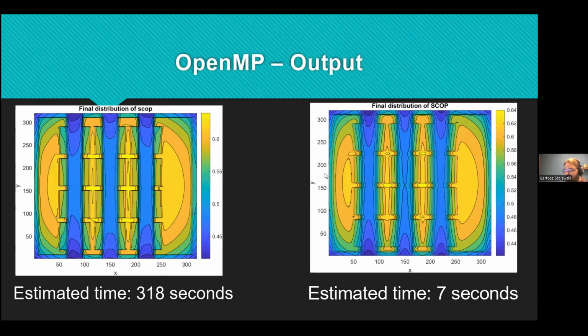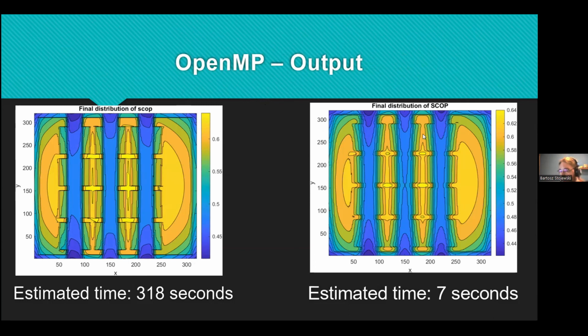And here you can see the final distribution of the superconducting order parameter. On the left, there is a simulation run in MATLAB, and on the right, there is a simulation run in my C++ parallel program.